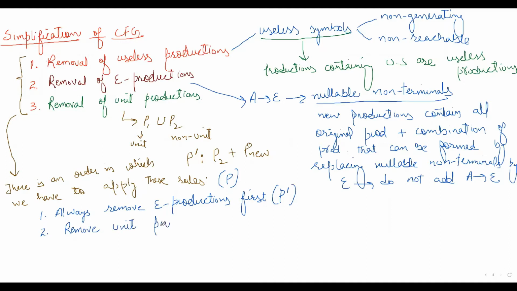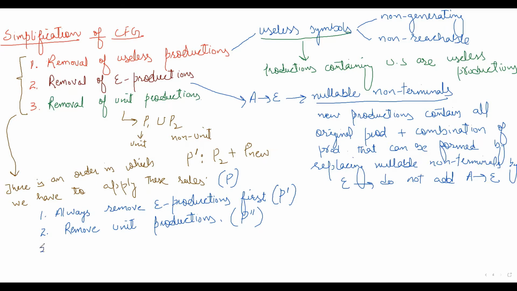So from P, we have removed epsilon productions to generate new production rules, that is P dash. Now from this P dash, remove unit productions. Let's suppose we got new productions as P double dash. So this P double dash will have neither epsilon productions nor unit productions.